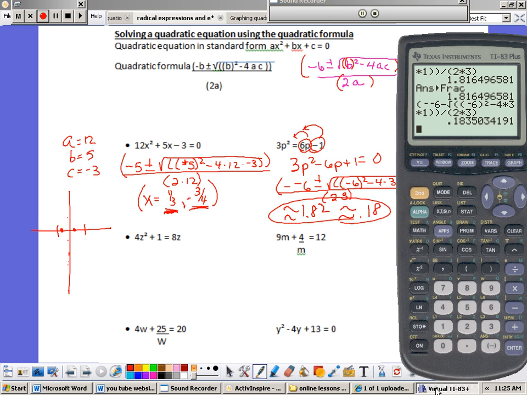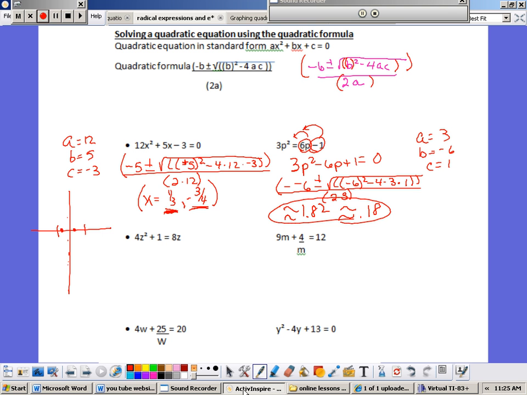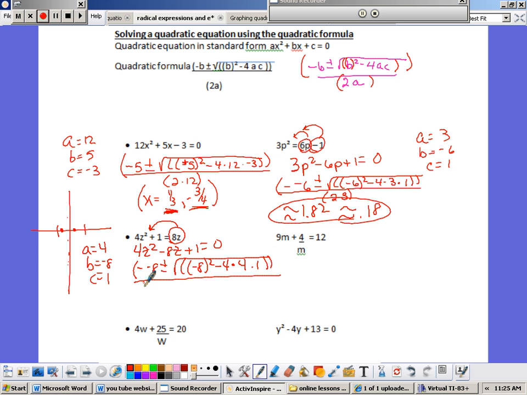Okay, next one. Have to get this 8z in, and remember we need A, B, C. So A is 4, B is negative 8, C is 1. Parentheses, negative, negative 8, plus or minus the square root of negative 8 squared minus 4 times 4 times 1, all over 2 times 4.